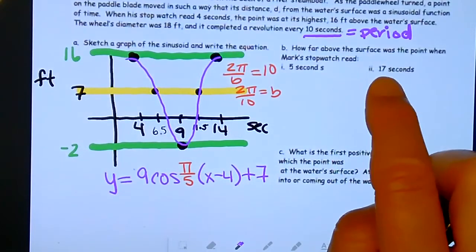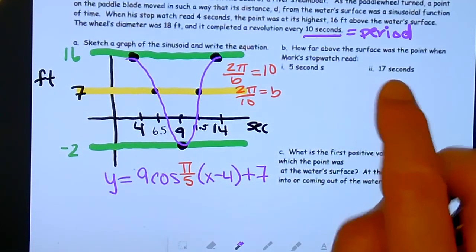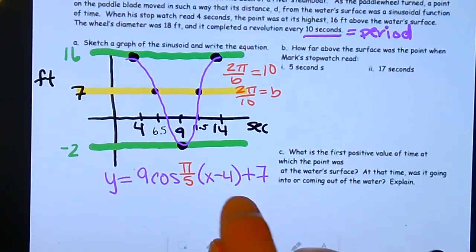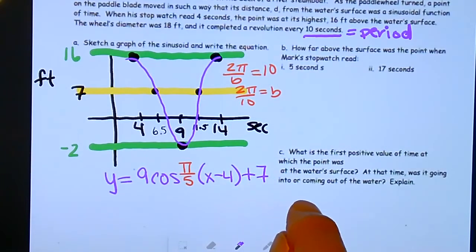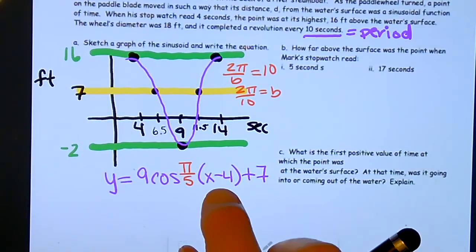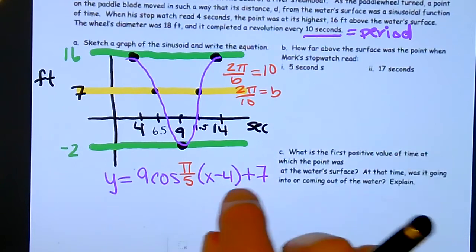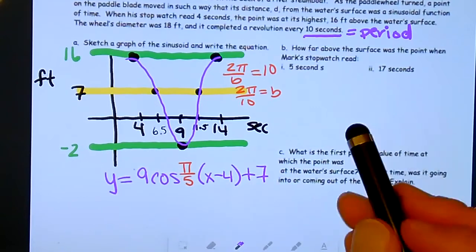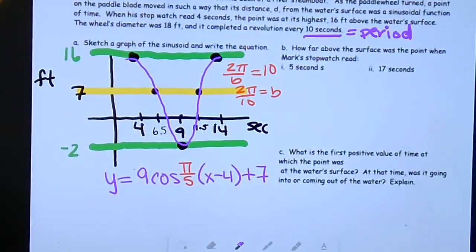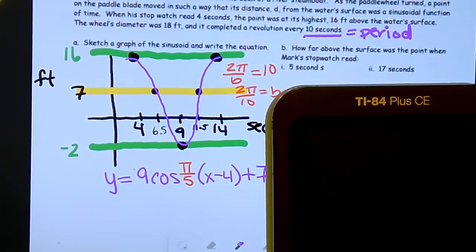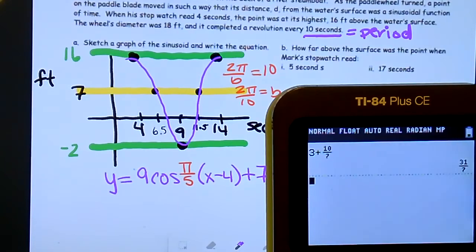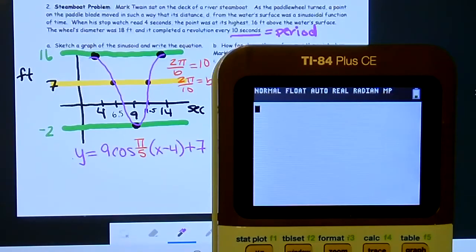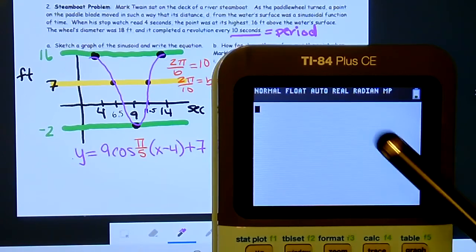Now here, they want us to figure out how far above the surface it was at 5 seconds and at 17 seconds. I'm going to put 5 seconds in here, and then I'm going to put 17 seconds in here. So I'm just going to put that in my calculator, and you need to make sure your calculator's in radians.